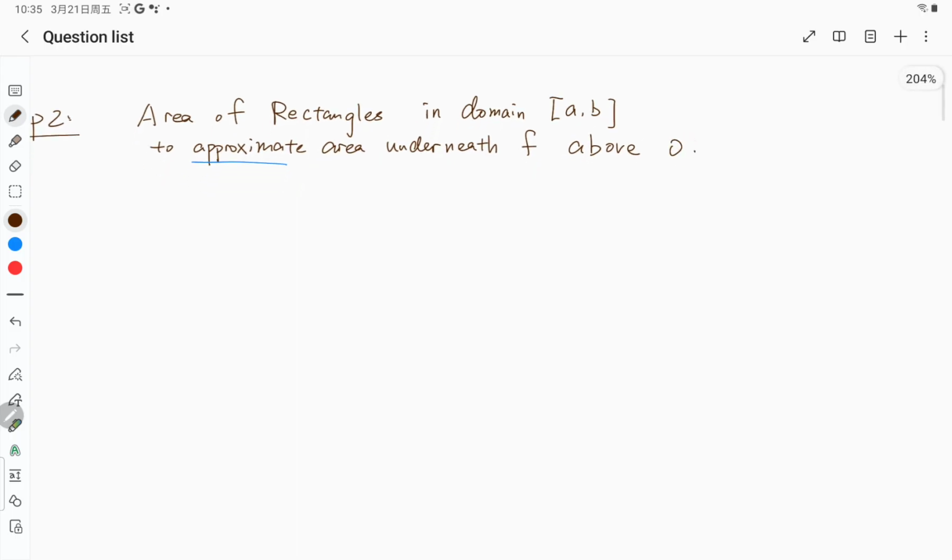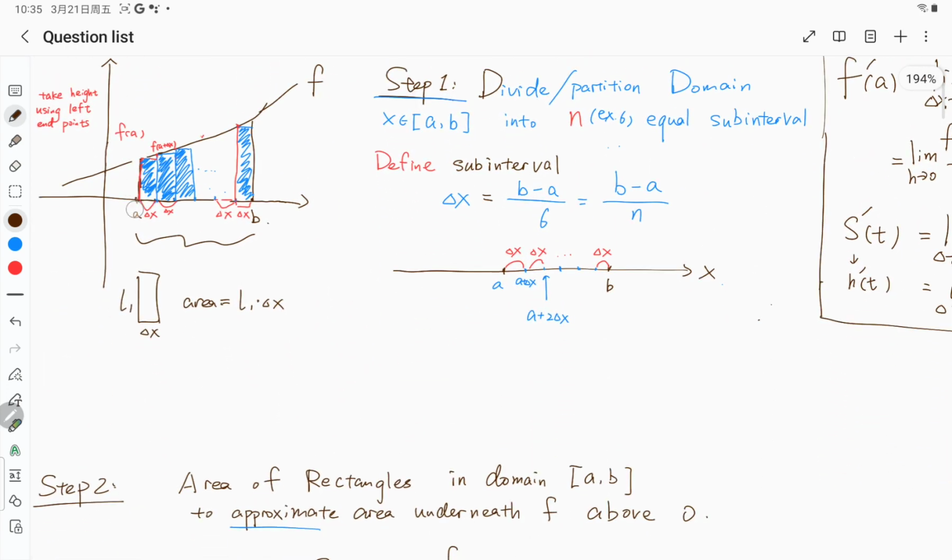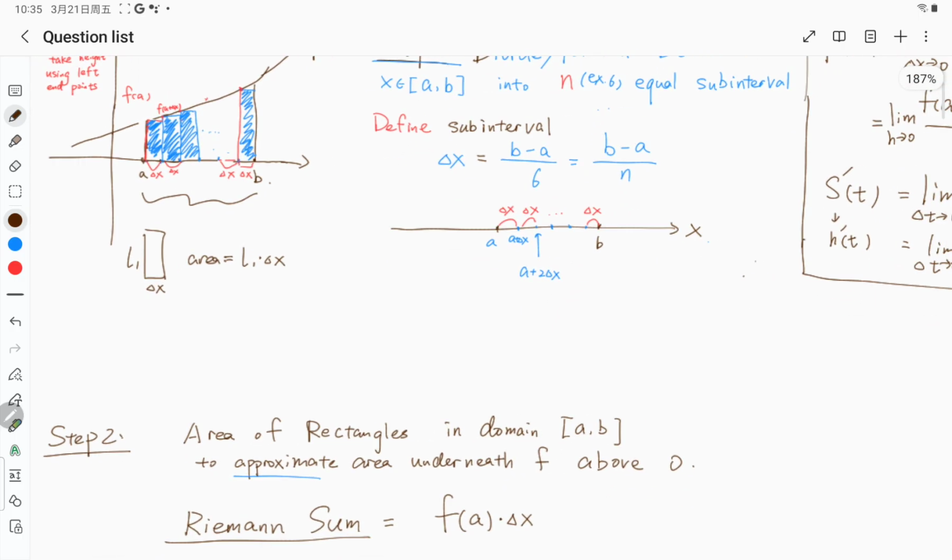So we make it rigorous, and this is our Riemann sum. Taking a high level overview, the Riemann sum is just the summation of the areas of the rectangles. For example, f(a) times delta x, because the first graph that we took uses the left endpoint of each interval.